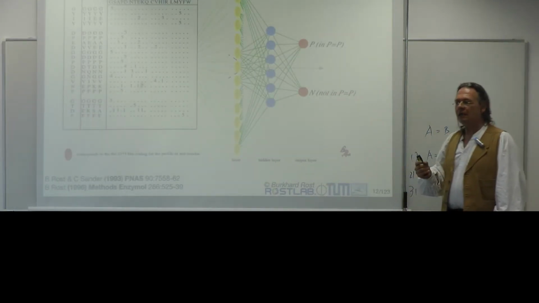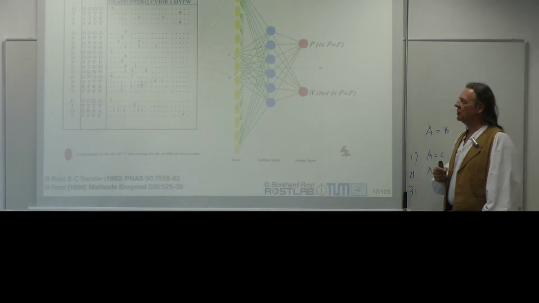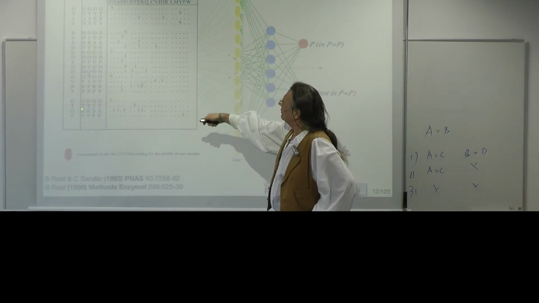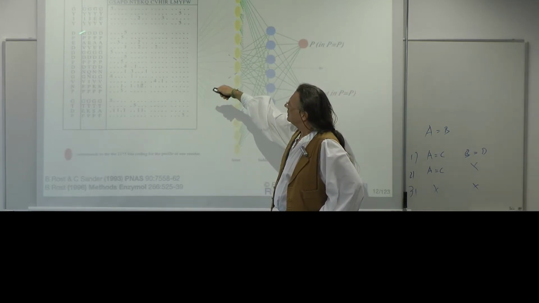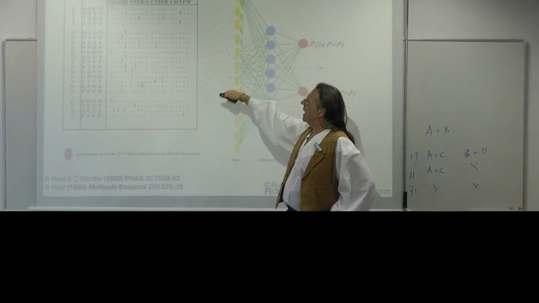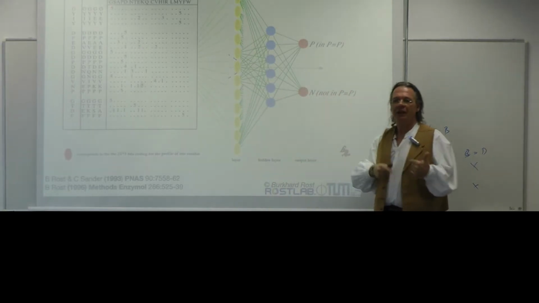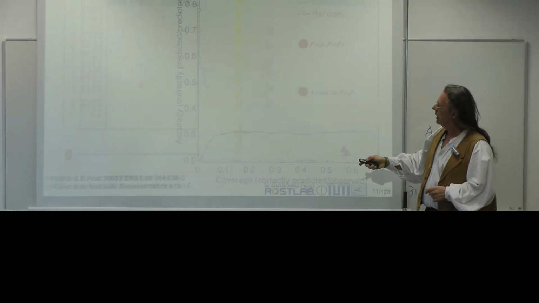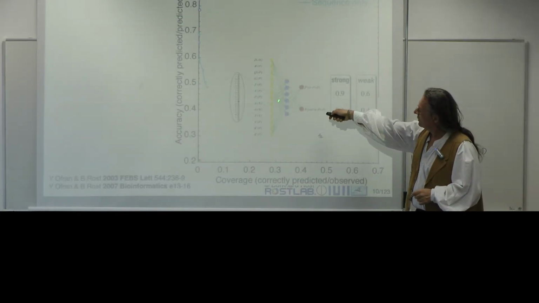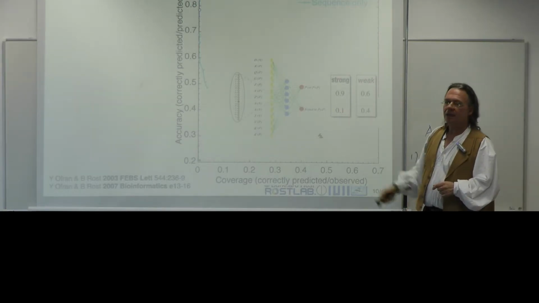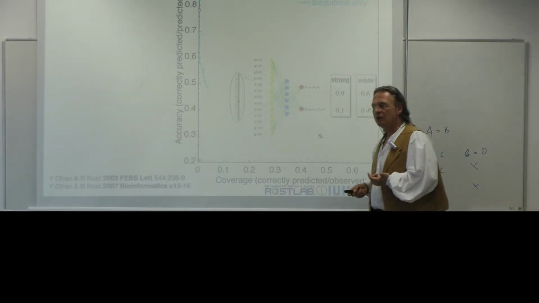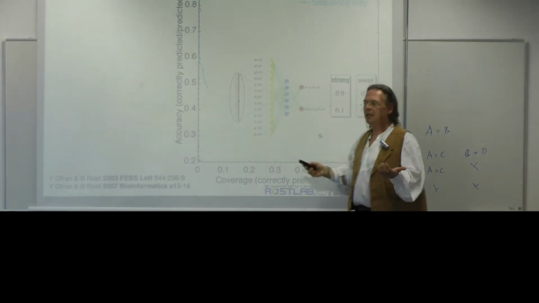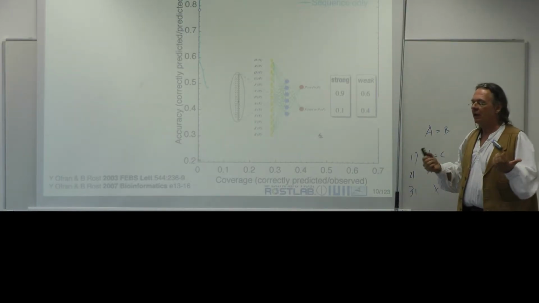I showed you that the big improvement over what I showed you so far is by including evolutionary information. Again, I have my protein sequence, and I find sequences that are related to it. In this particular case, I have 4 related sequences. I align them, and rather than putting the one-hot encoding into each one of these, each bubble here is 20 symbols that are essentially a binary vector, because it's 1 if the amino acid there is that particular amino acid, and 0 for all the other 19 amino acids.